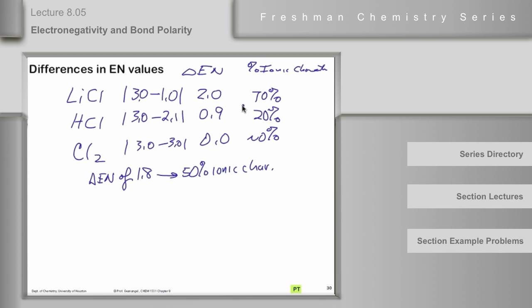And so you could see somewhere in here, between 70% and 20% is the 50% value, and 1.8 is, of course, between 0.9 and 2.0. So up here, these would be ionic, mainly ionic. And so lithium chloride would fall into that general category. And down here, below 50%, this is mostly covalent with some ionic. And down around 0% is nearly all covalent.